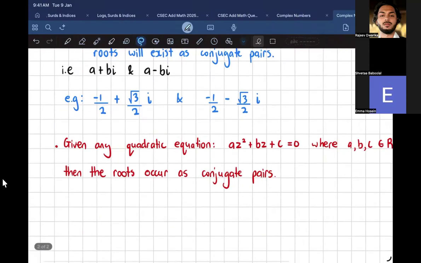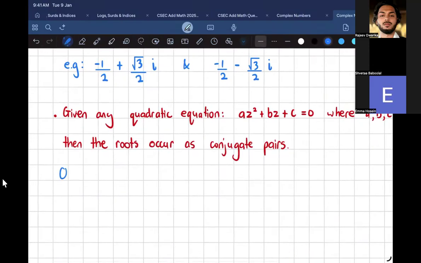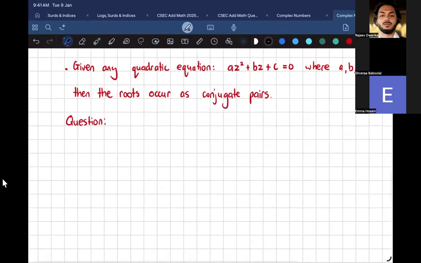So let's look at a question now, right? Let's look at a question. I want to start off with an easy example first, and then the ocean. Okay. All right.